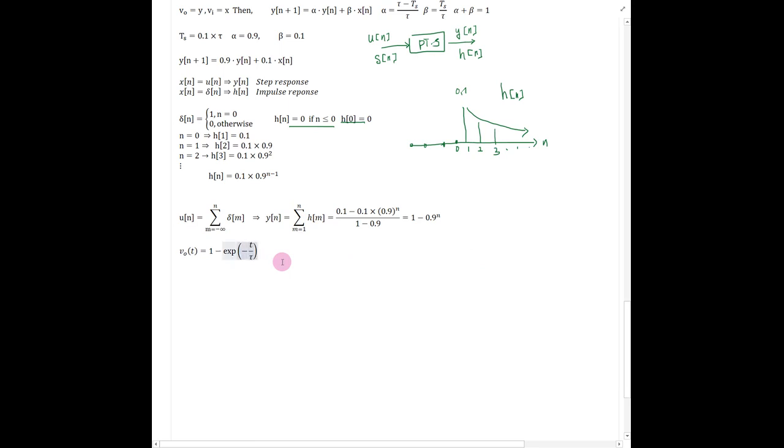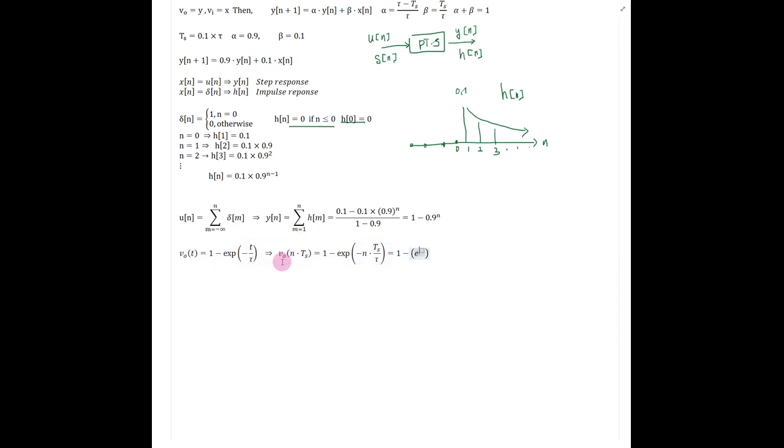So I would like to discretize. Then at n times Ts, it is given like this: 1 minus exponential of minus n times Ts over tau.